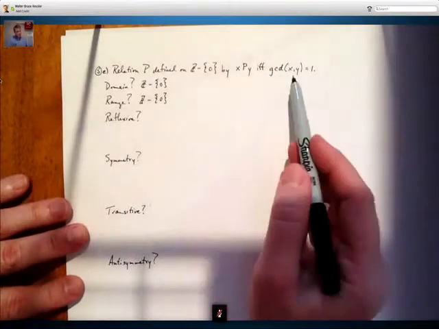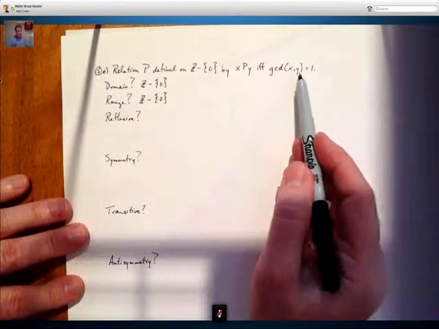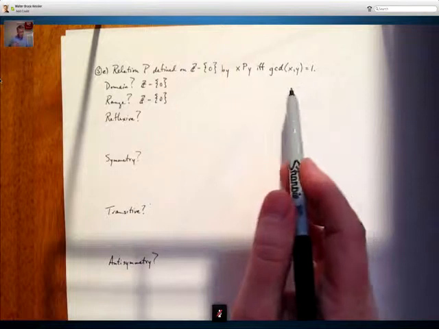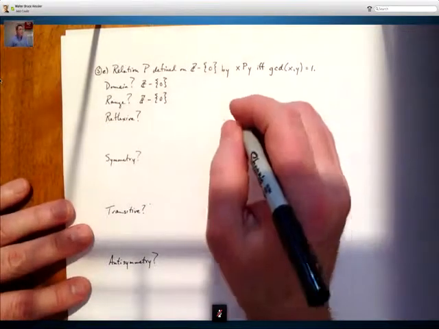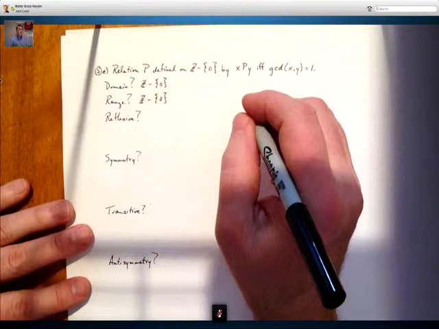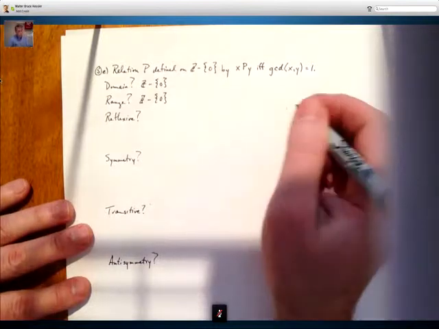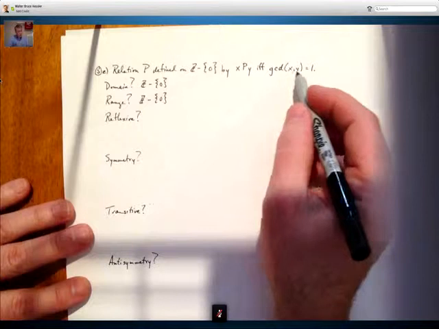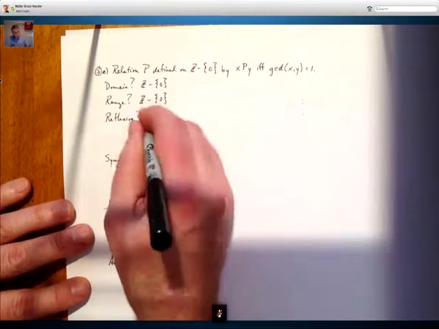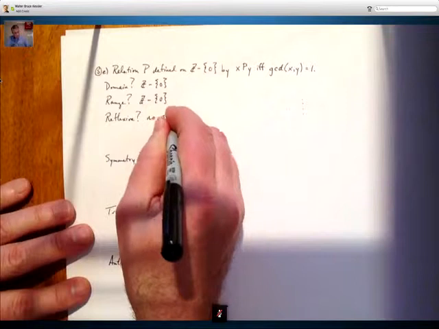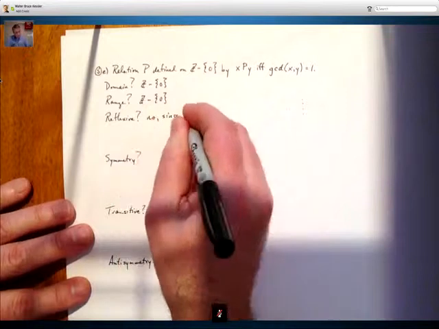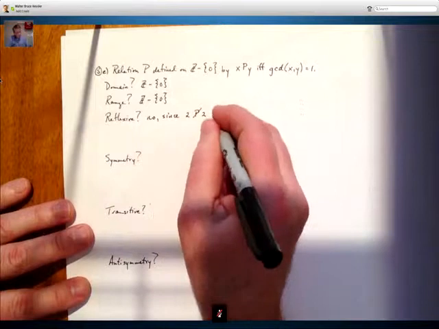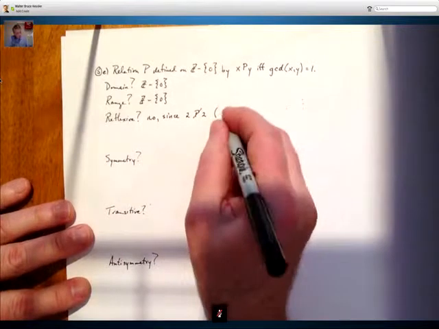Now, is it reflexive? Let's say we have x. Is x related to x? Well, unless x is 1 or negative 1, no. Not necessarily. I mean, well, not at all, right? If it's something like 2 or 3 or something like that, then the greatest common divisor would be that number. So no, since I'll just use 2. Since 2 is not related to 2.